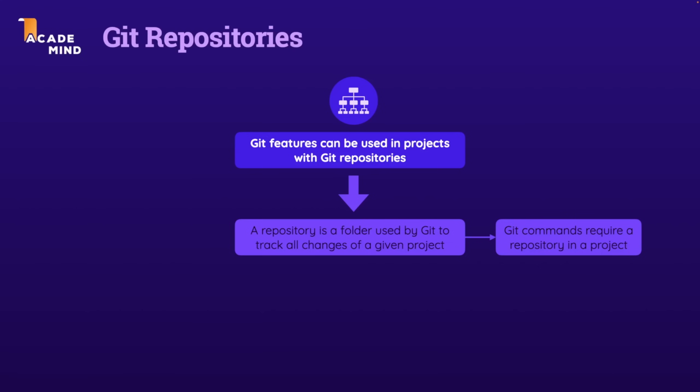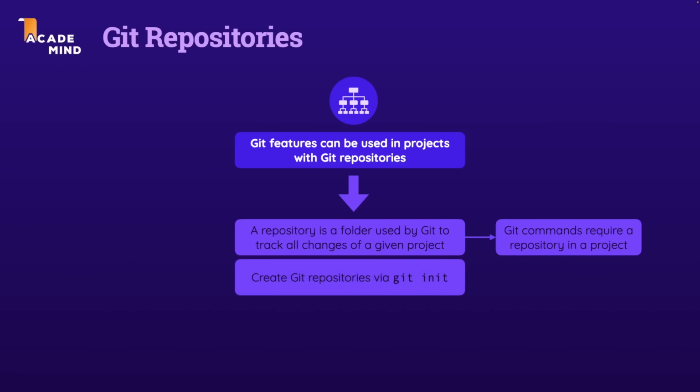Now, whenever you create a brand new project, it typically doesn't have a Git repository attached to it though, and you can therefore easily create one by running the special git init command in a project folder. That's only required once per project because it's only required to initialize that project and put it under Git's control, you could say.